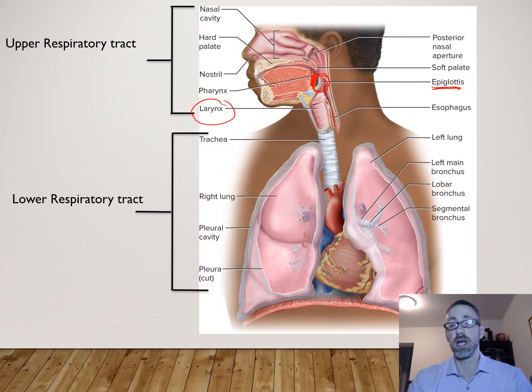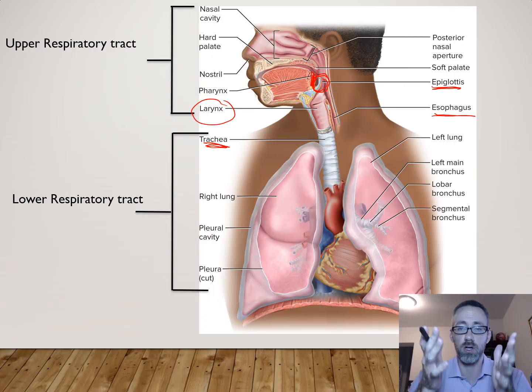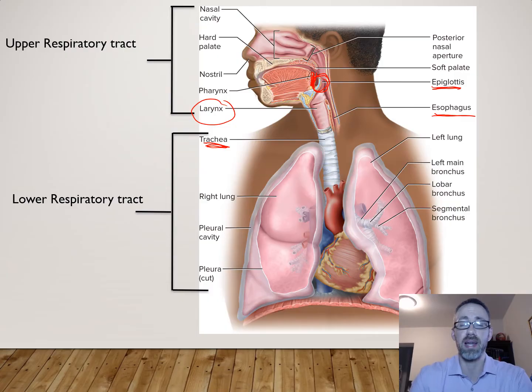Now the airway is located more anteriorly, and that's called the trachea. So as you're seeing here, the start of our lower respiratory tract is the trachea, and it starts just below the larynx. It stays open, it's patent, it's always open. And just behind that, just posterior to the trachea, is the esophagus, so they are close together there. When you're swallowing food, we don't want the food to get into the trachea.